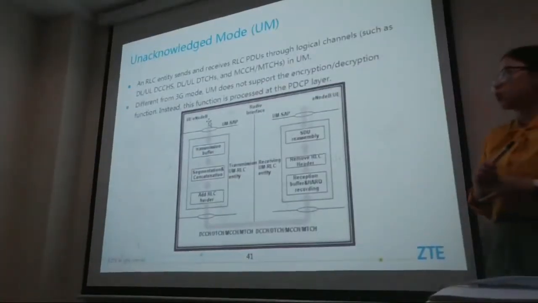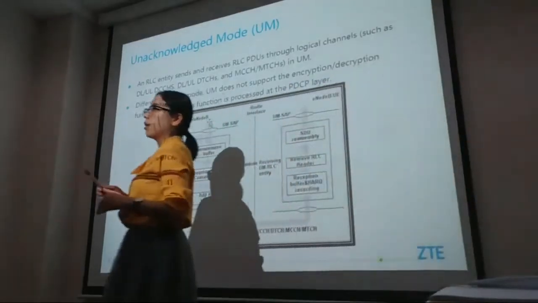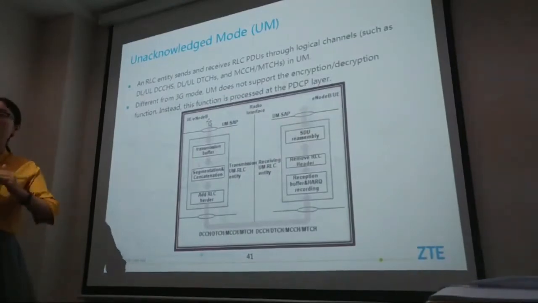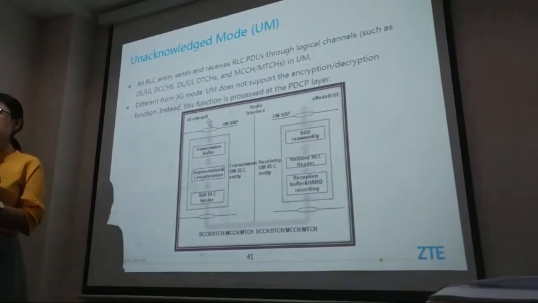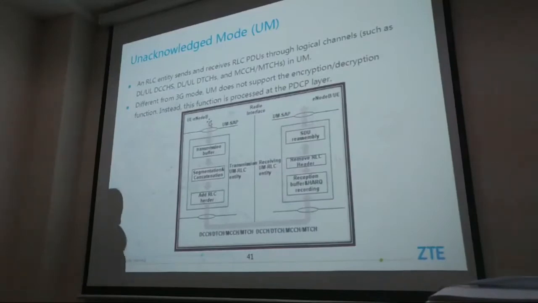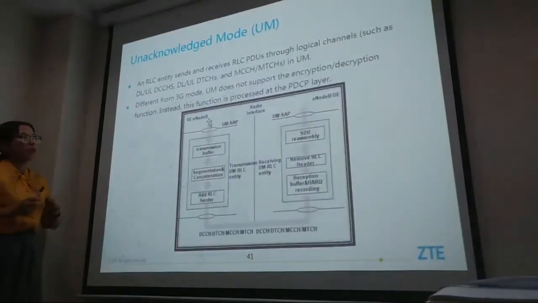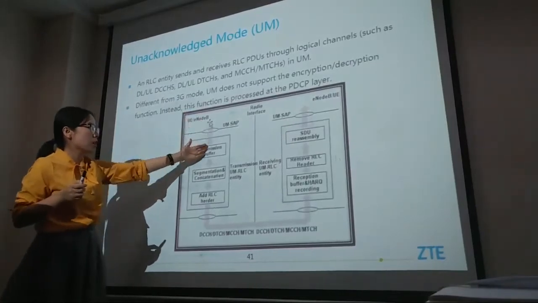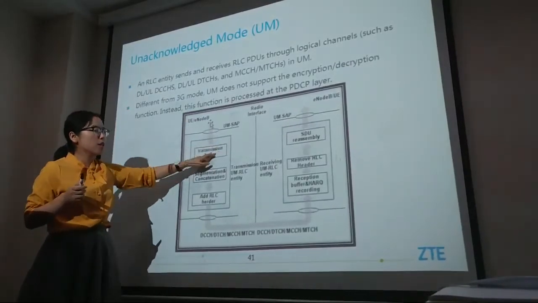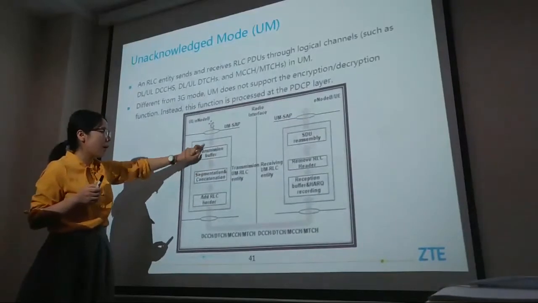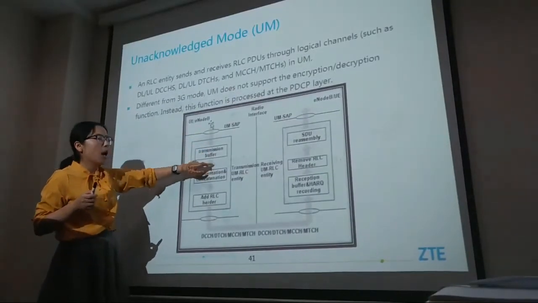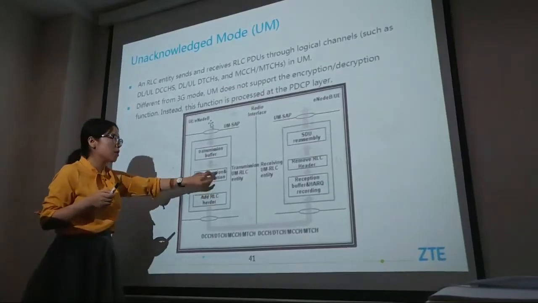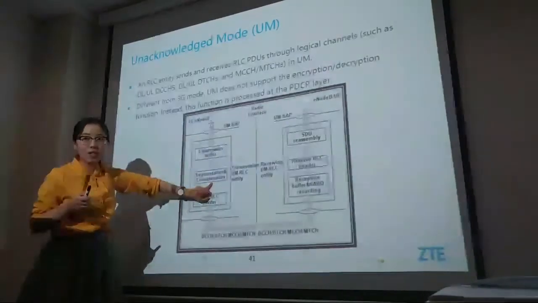For UM mode, I will not give feedback, but I will process it. The only difference is that there is no feedback, but I will process it. If I receive data, I will first look at it in the buffer, and from that buffer I will decide to perform segmentation or concatenation.